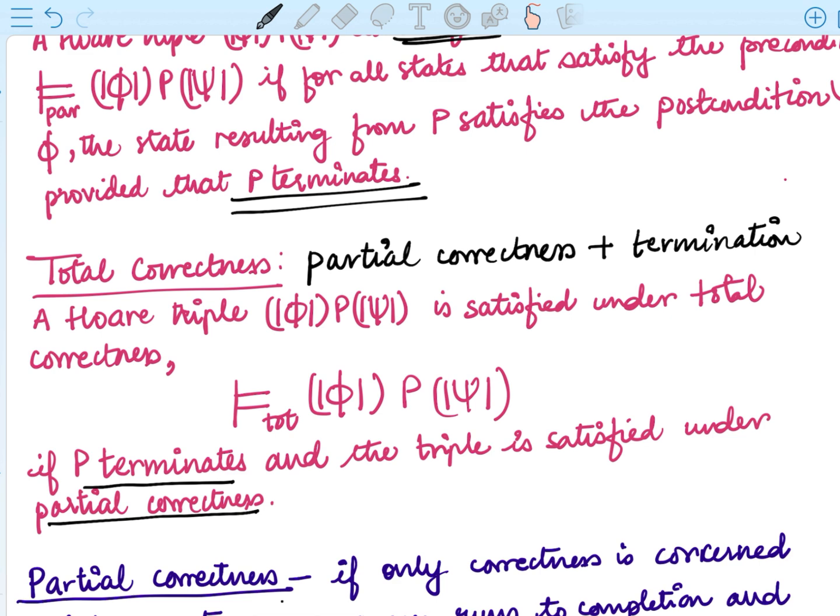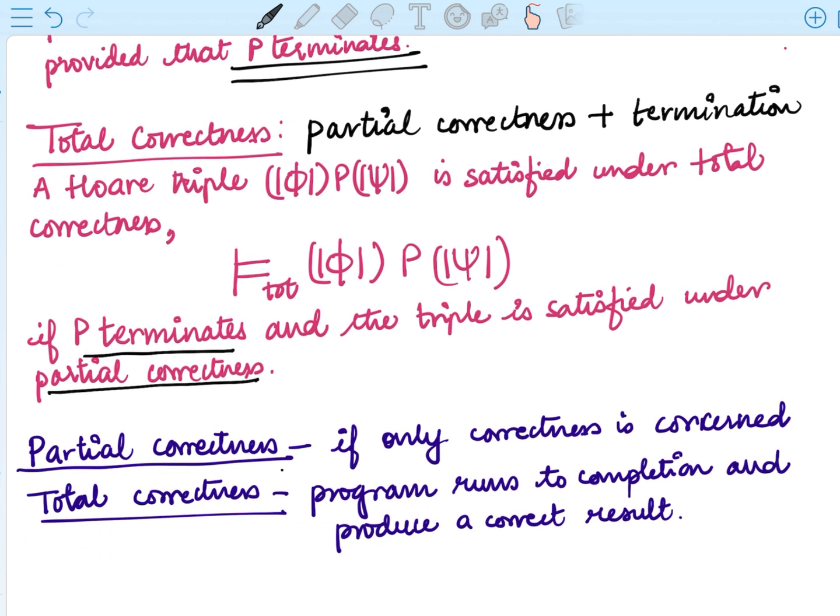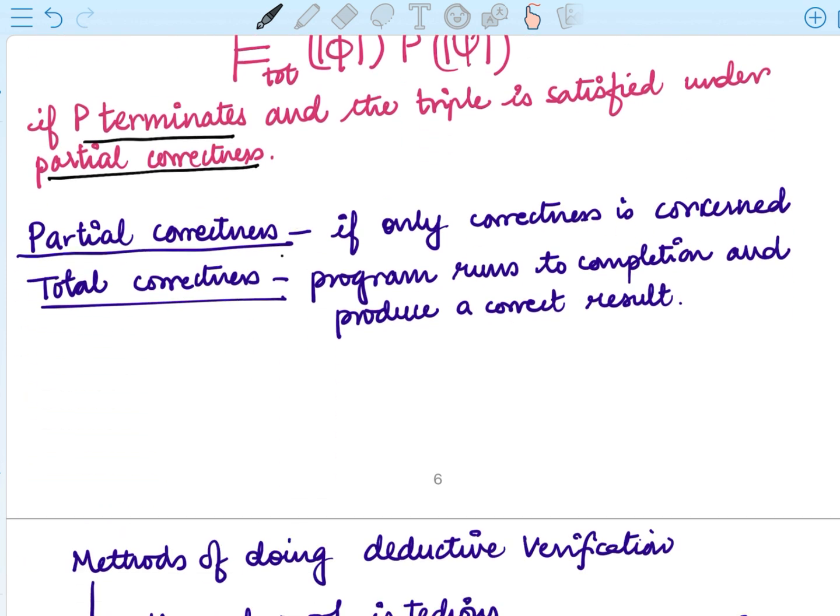So you need partial correctness plus termination to show that the program is totally correct. Partial correctness is only focused on the correctness, whereas total correctness runs the complete program and produces the correct result. So it's not only talking about the correctness but also the termination of the program, right?